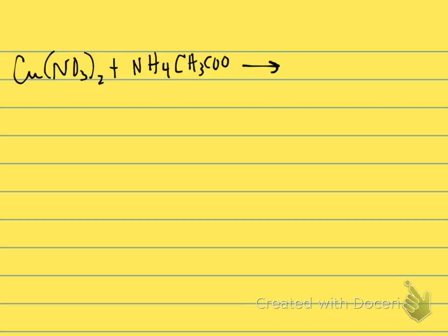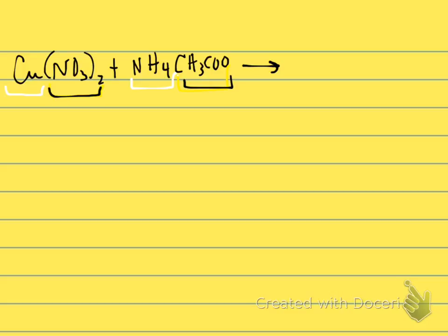Why? First of all, can you predict the products of this? Can you predict the products of a double replacement reaction? Who are the new dance partners? Sure you can. It's been a little while, but remember we're going to take the positive ions and the negative ions and swap places with them.